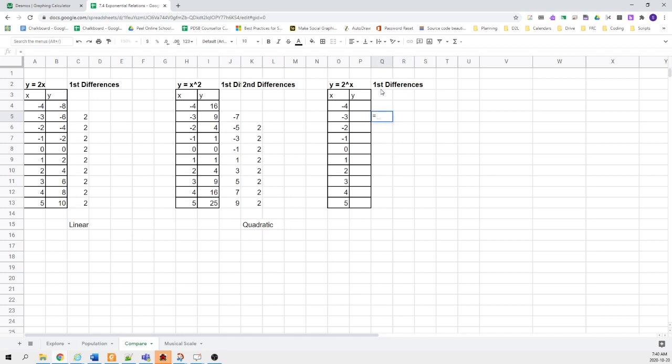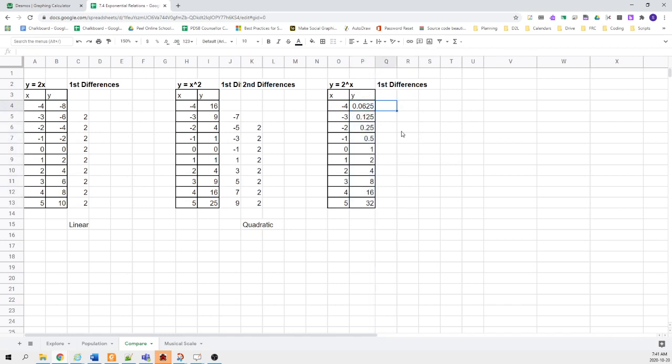First difference. Okay, so this is going to be 2 to the power of O4. To get the first difference, it's going to be P5 minus P4, this number minus this number.